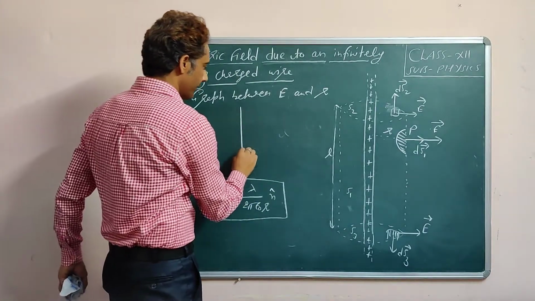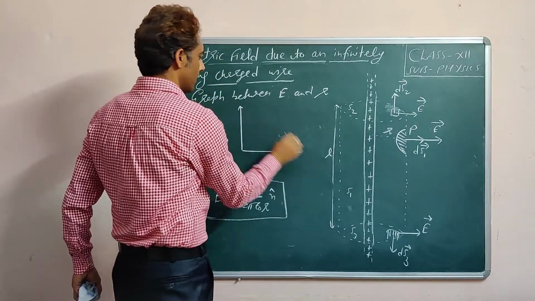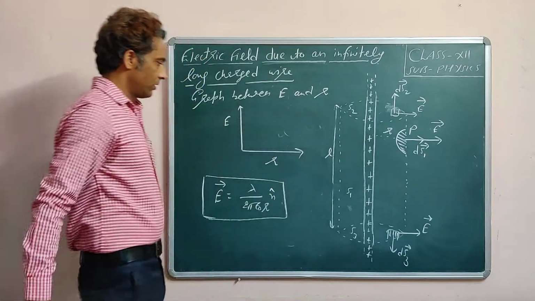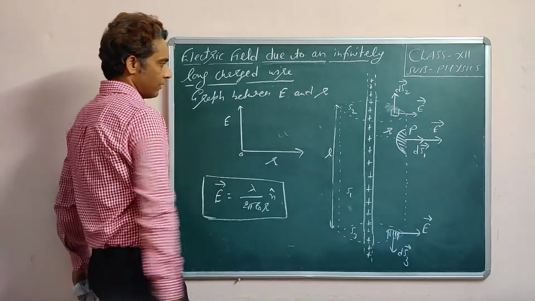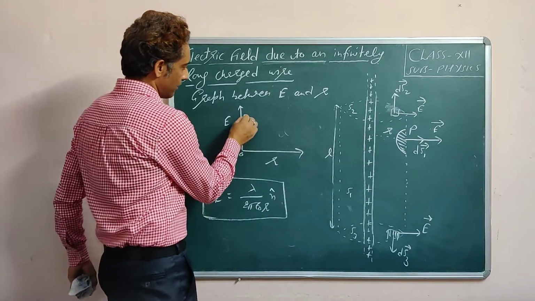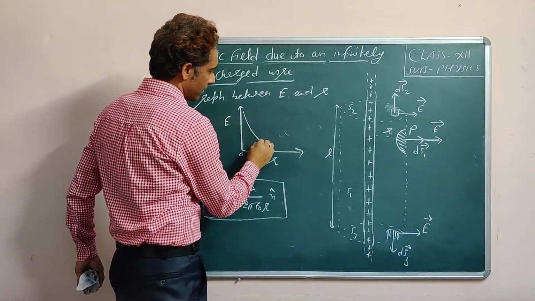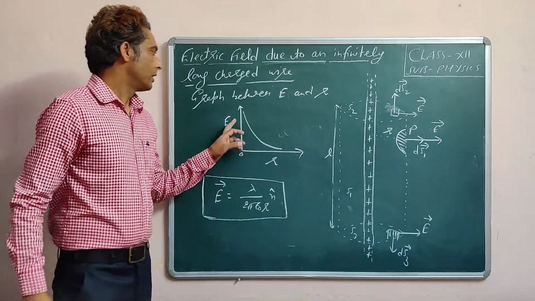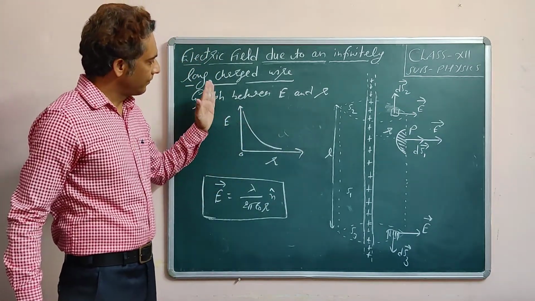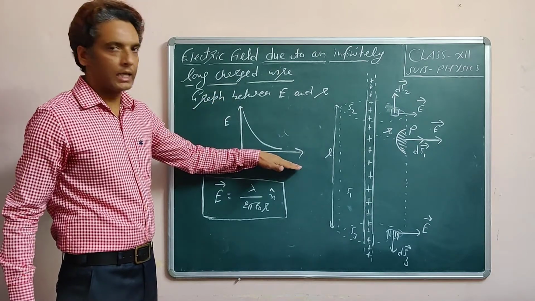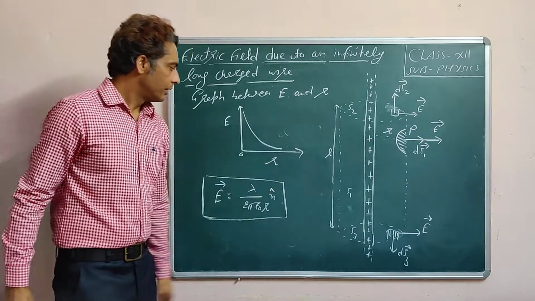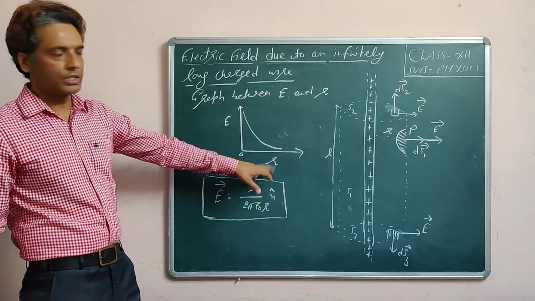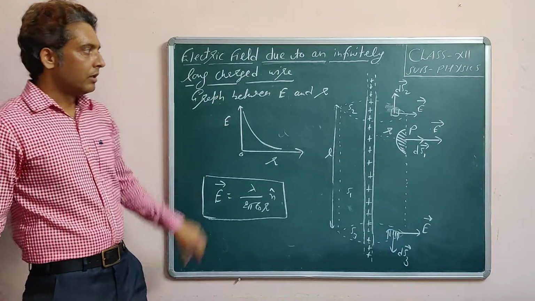So this graph will be like this. You can see the graph will be asymptotic along both the axes. This graph will touch the y-axis or x-axis at infinity. So this is the graph which shows the variation of electric field with distance from the wire.